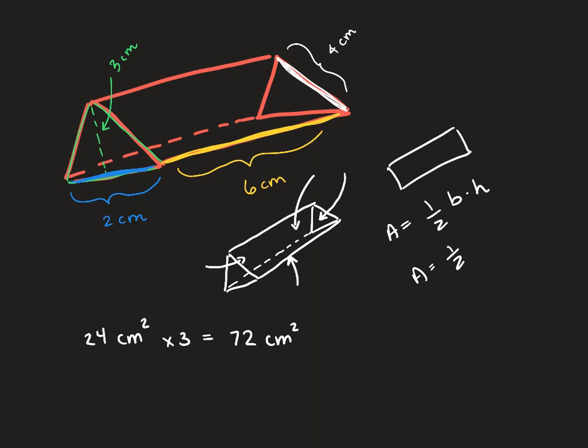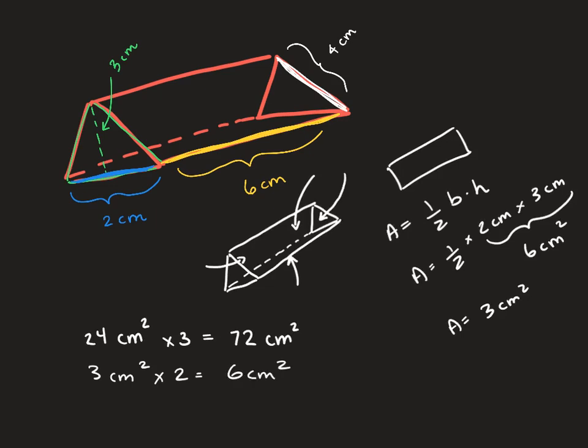So it's going to be 1/2 times the base, which is 2 centimeters, times the height, which is 3 centimeters. 2 times 3 is 6 square centimeters, and half of that equals 3 square centimeters. That's for one of the triangles, but there are 2 triangles, so 3 square centimeters times 2 is 6 square centimeters.